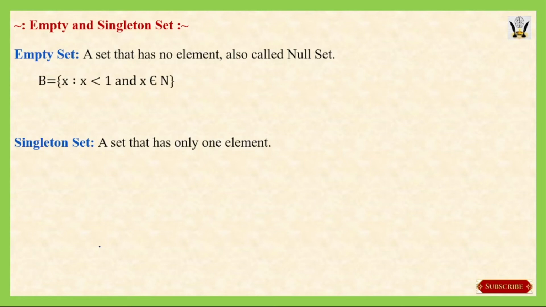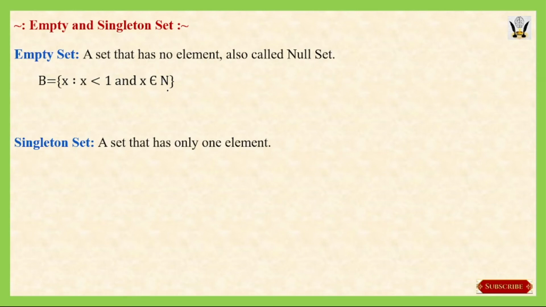Now here we can see we have an example set B, where X is an element of B such that X is less than 1, and X belongs to the set of natural numbers. Here N represents the set of all natural numbers.